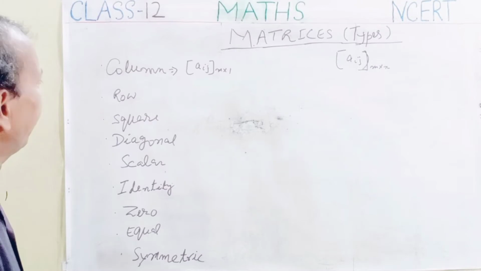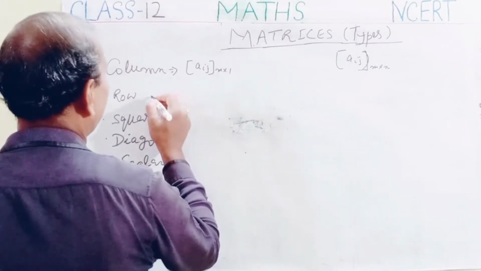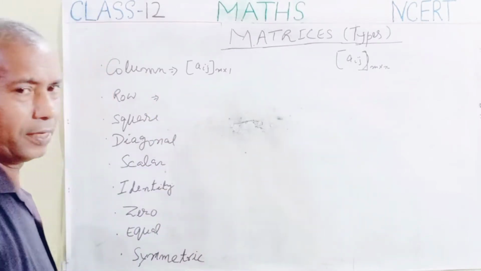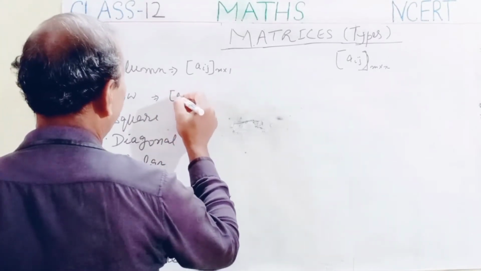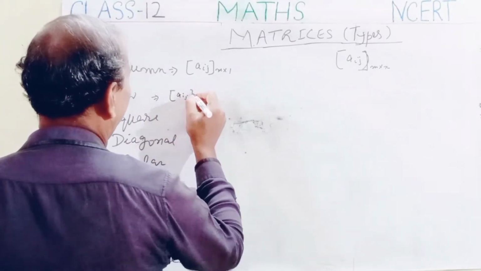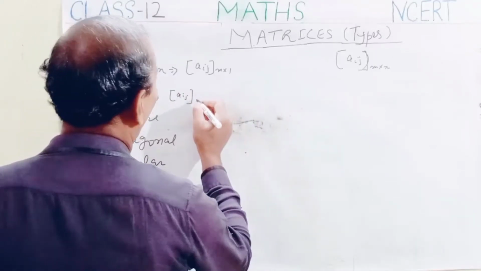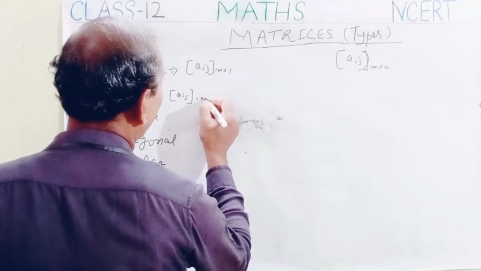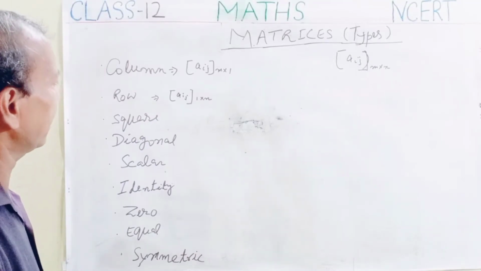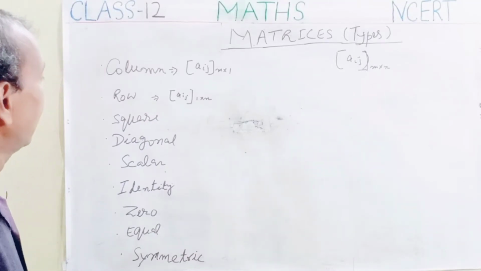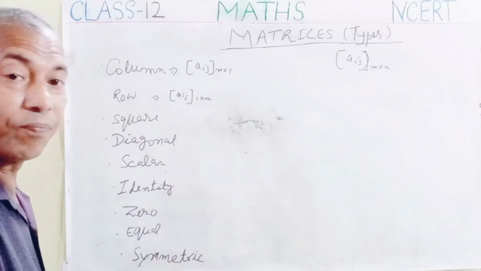Similarly, for the row matrix, if I represent the row matrix, this will be represented as Aij, and here it is 1 cross N. So in this case, this is your row matrix, because row is only 1.